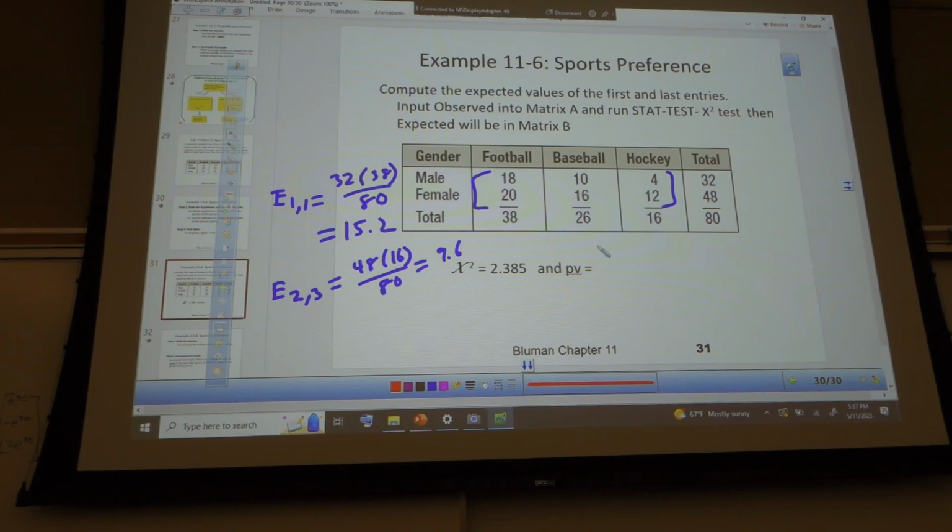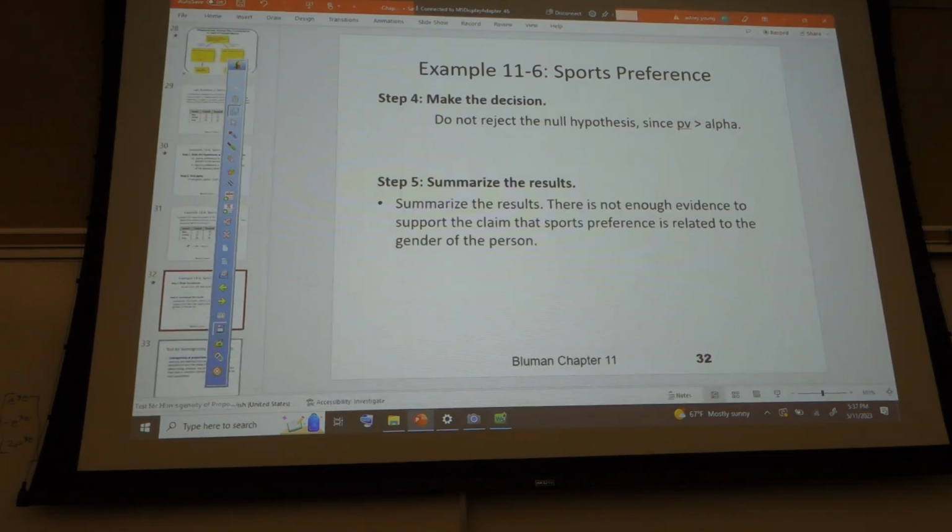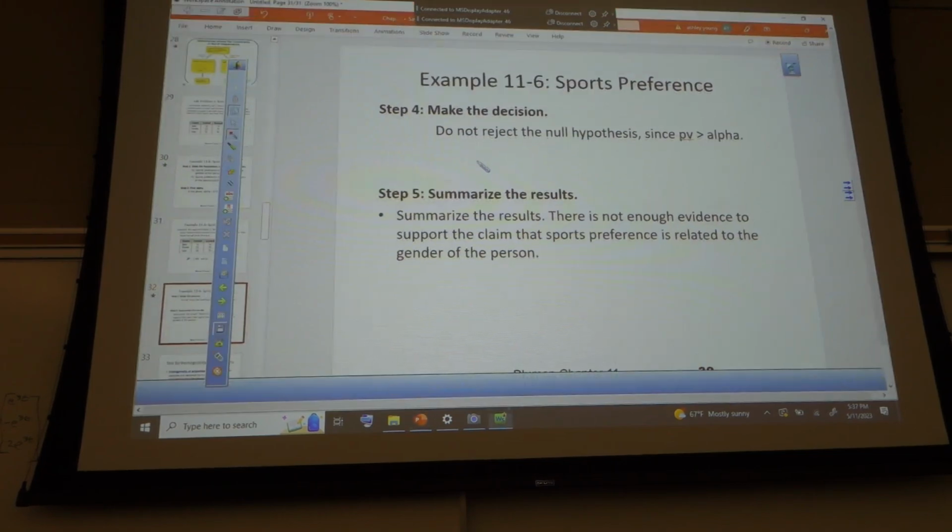Then you did chi-squared test of matrix A, and you got a chi-squared of 2.385 and a p-value of 0.3034. Yeah, a chi-squared of 2.38, that's not very big at all. That's fairly close to 0. And the p-value is huge, so not surprisingly, your p-value is much bigger than alpha.